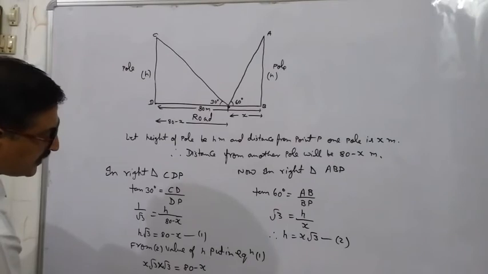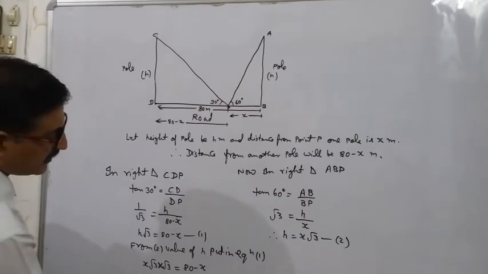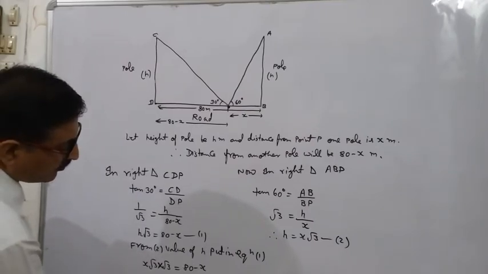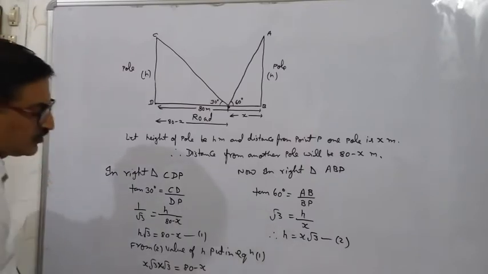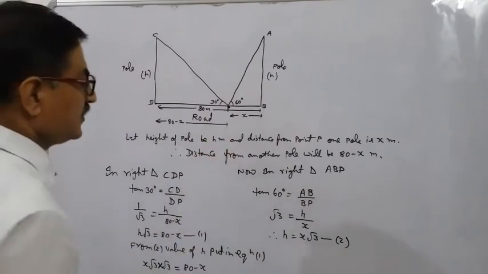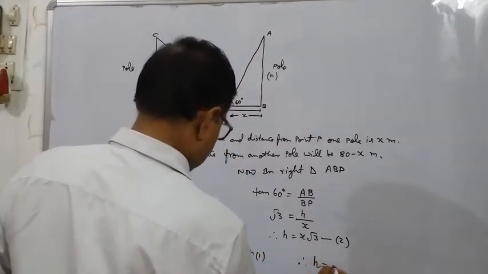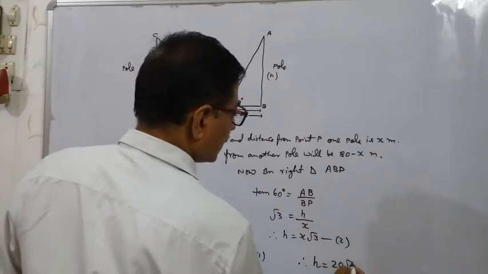That means 3x plus x equals 80, 4x equals 80. Therefore x will be 80 upon 4, which is 20. The x value is 20. Therefore h will be 20 root 3.